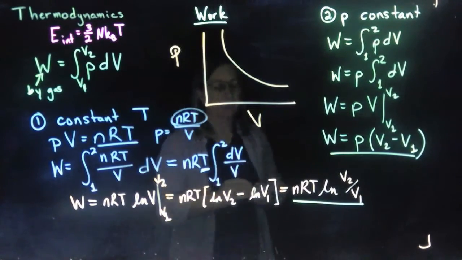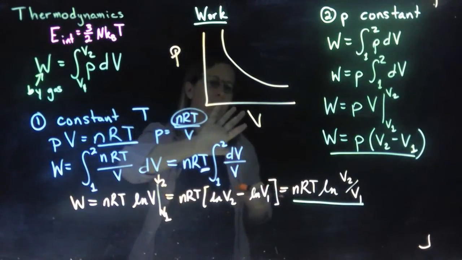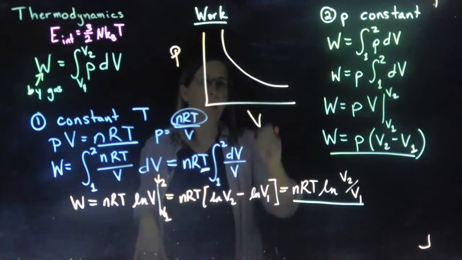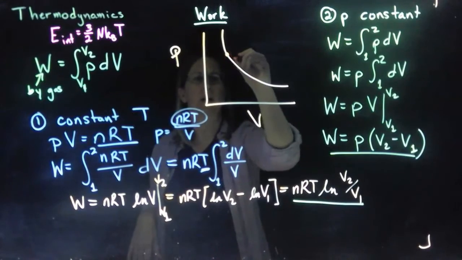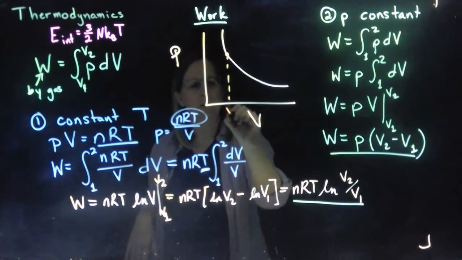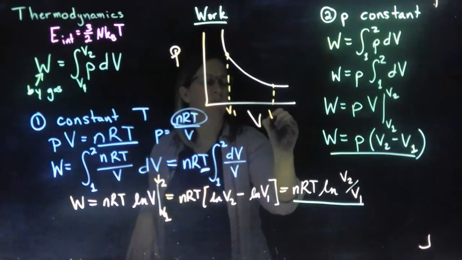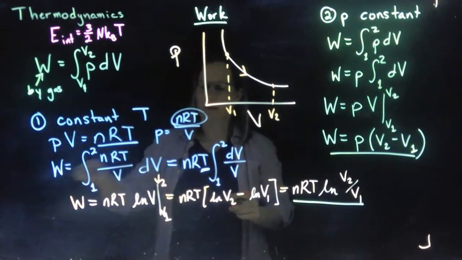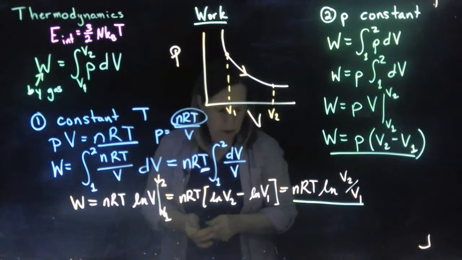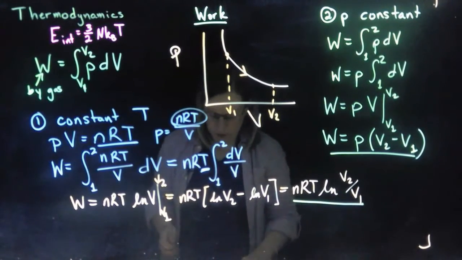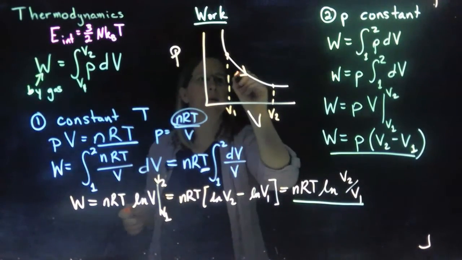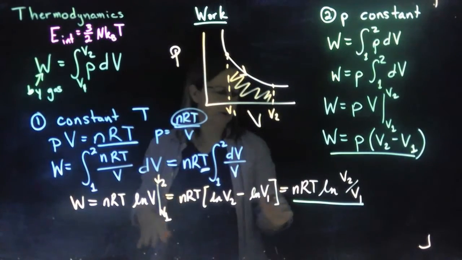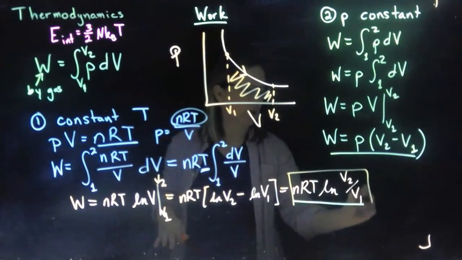Okay, so this is a pressure volume graph. The reason we draw a lot of these: if this is my volume 1 to volume 2, and we go along this path, this is the area under the curve that's described by this equation.